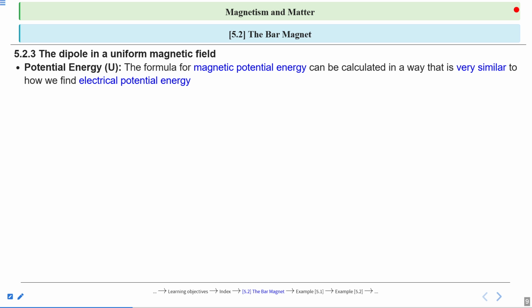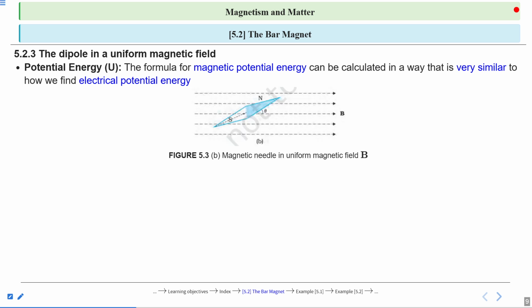So you should revise that chapter also. We are going to find the potential energy of a magnetic dipole, similarly to how we found the electric potential energy of the electric dipole. So this is the diagram.